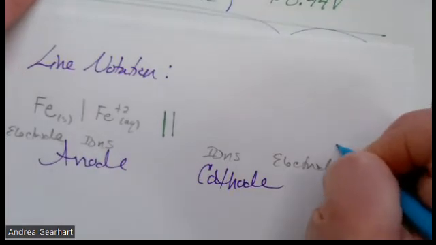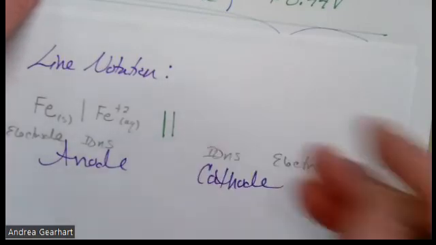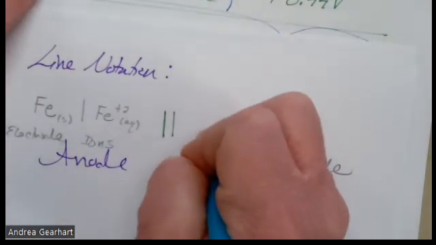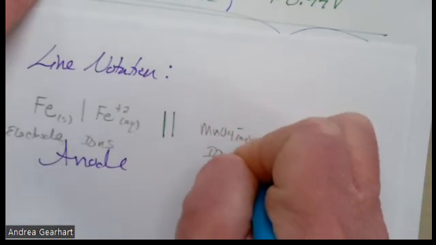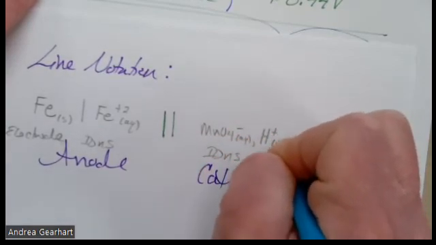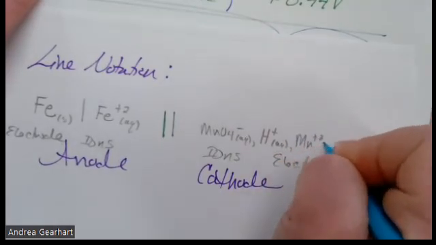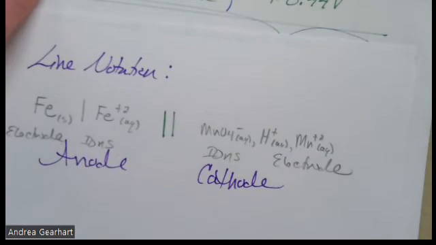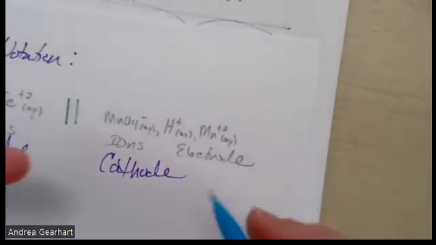We chose either platinum or carbon to be the electrode, and as long as they're here, it doesn't matter the order. We have the MnO4 aqueous, hydrogen ion aqueous, and the manganese +2 aqueous. We have the choice to include water or not, because we know it's there.